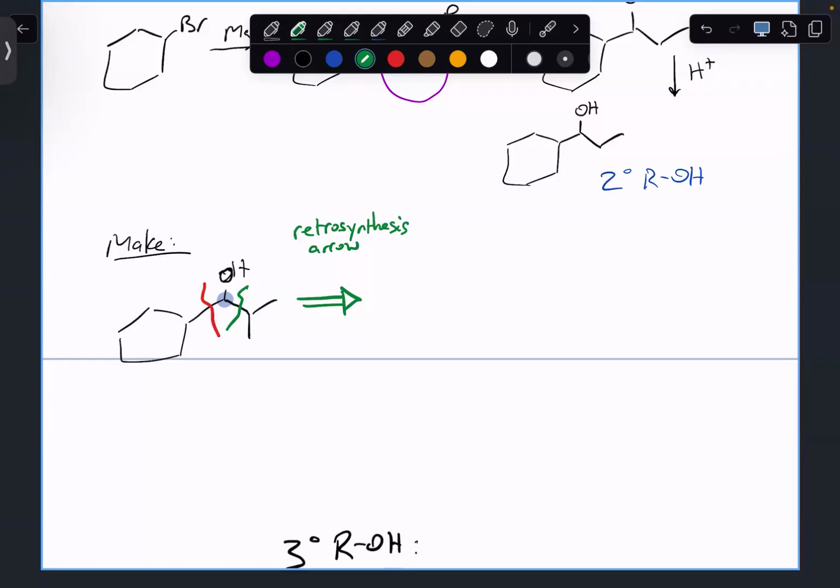That green arrow right there is what is known as a retrosynthesis arrow. What that means is this thing came from these things. It's like a revert, going in reverse. So I could make that secondary alcohol product by combining, remember, the carbonyl used to be the carbonyl.